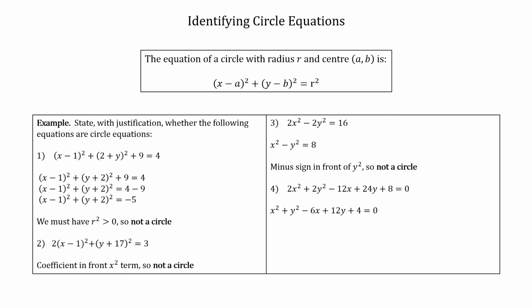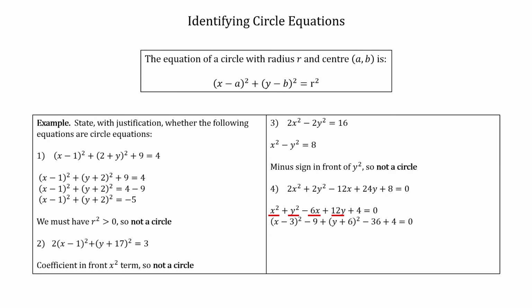So we gather up the two x terms. We have x squared minus 6x. If we want to complete the square on those, and also on the y terms, y squared plus 12y, what do we get? Well, we get x minus 3 squared minus 9. So we've gathered up the x squared and the 6x term, put them into a bracket, but then we have to minus 9 off because the minus 3, when we square it out, would give us plus 9, so we subtract it off.